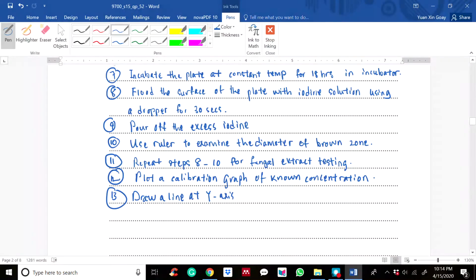So the y-axis will be the dependent variable, which is the diameter of the brown zones. Draw a line at the y-axis and read off the concentration of fungi extract at the x-axis.